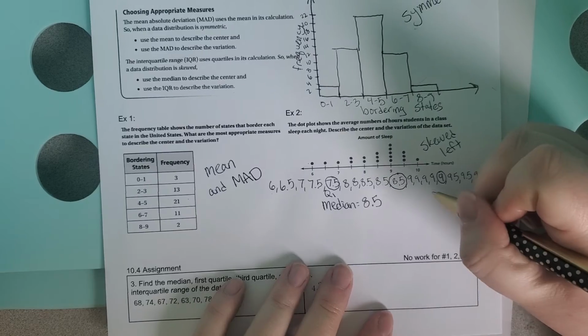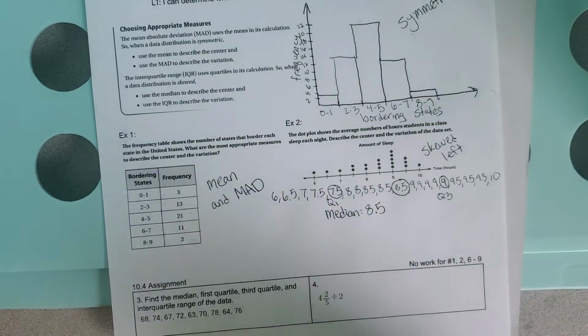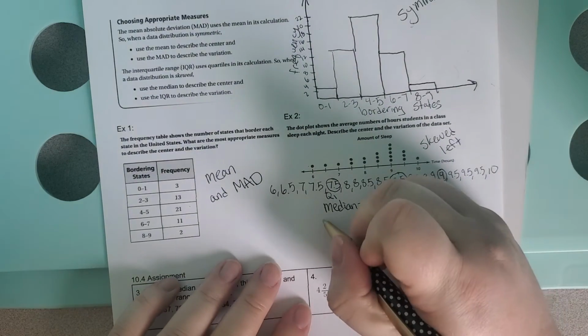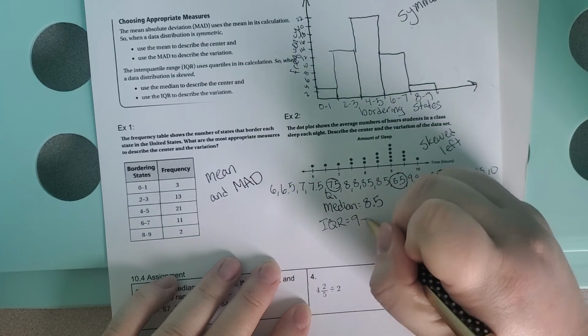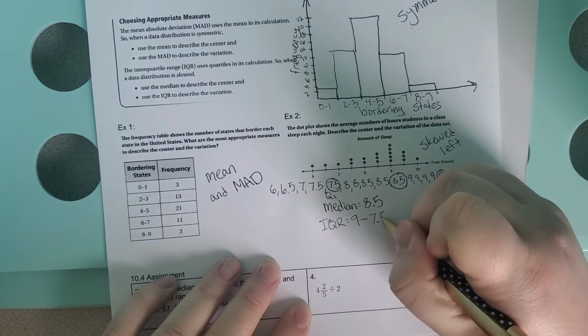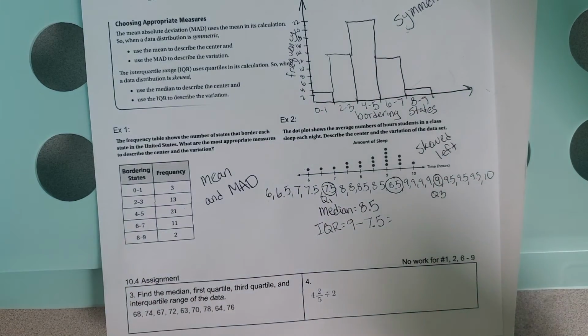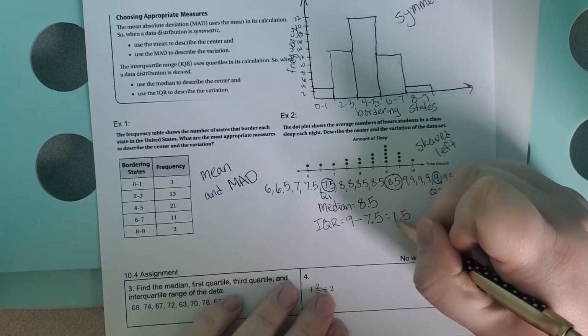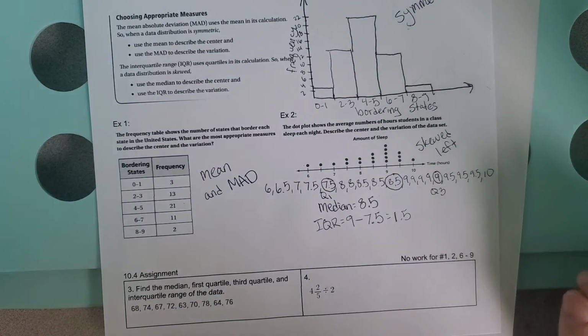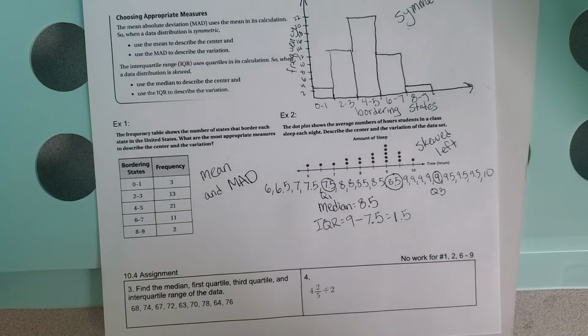That's quartile 3. So to find the interquartile range, we do 9 minus 7.5, which gives 1.5. So our interquartile range is 1.5.